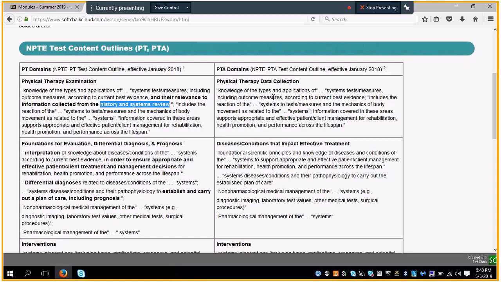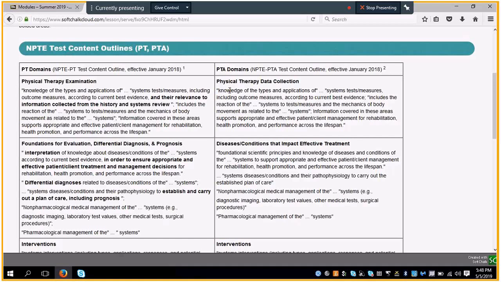Okay, so for example, in your competencies course, we're reviewing and making sure that you're competent in various types of data that we expect you're already familiar with as PTAs: doing tests and measures such as manual muscle testing and goniometry for range of motion, taking vital signs, etc. And those are things that you've been doing as a PTA.